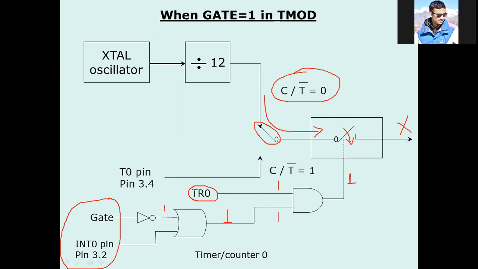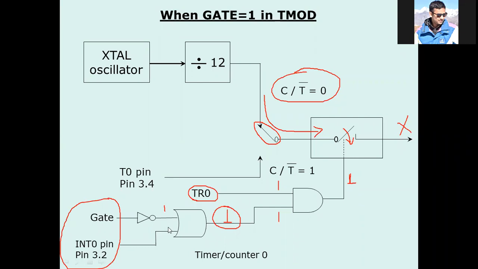Clear? So in the input of this particular AND gate, both inputs are 1. So here we need 1. To get 1 here, what will be the input of this particular input?